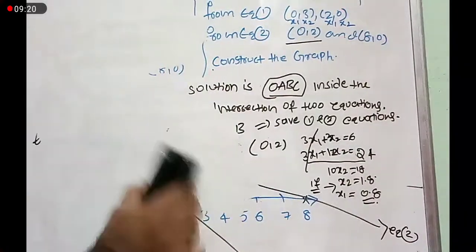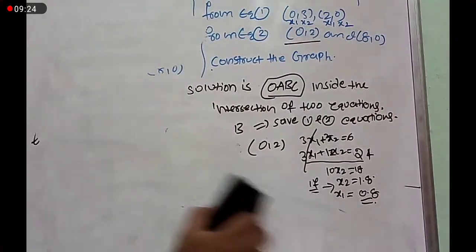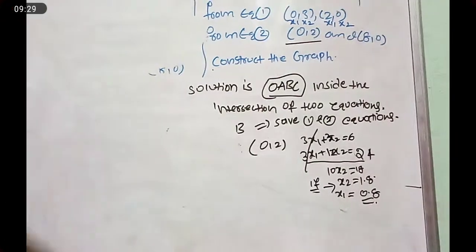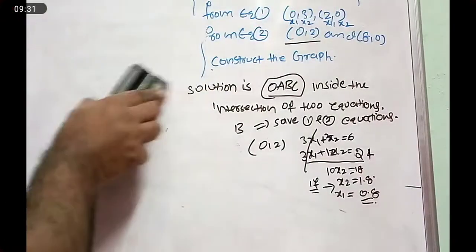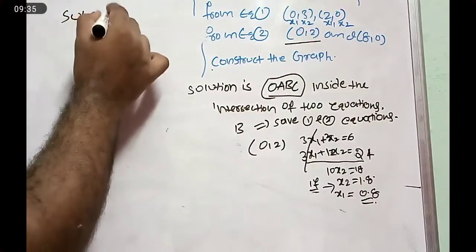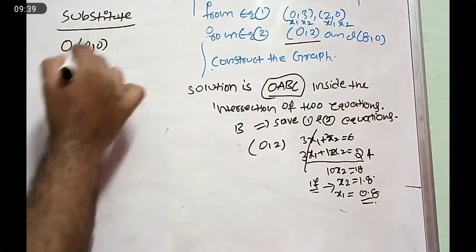So now we have O, A, B, as well as C. O is 0, 0. Then B is 0.8, 1.8, that is x1 is 0.8, x2 is 1.8.